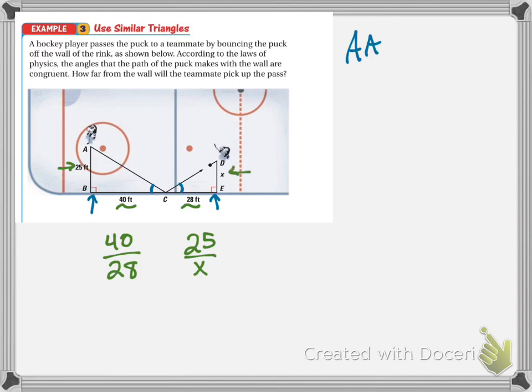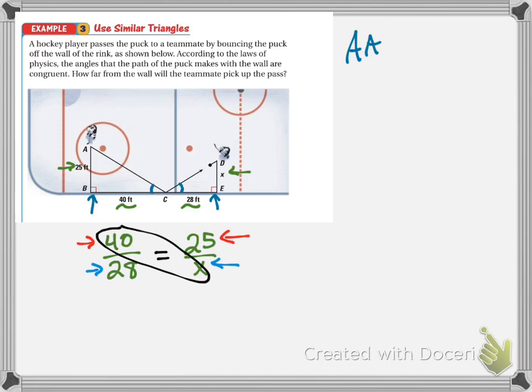And notice how I wrote, I'll use a different color, the numbers from the big triangle on the top and the numbers from the small triangle on the bottom. That's very important. So now that I have these two ratios, I'm going to set them equal to each other. And from here, I can just cross multiply, which you guys should already be familiar with.